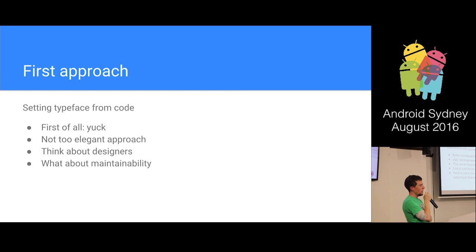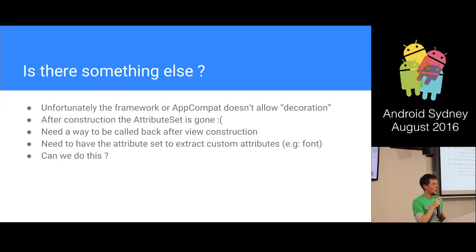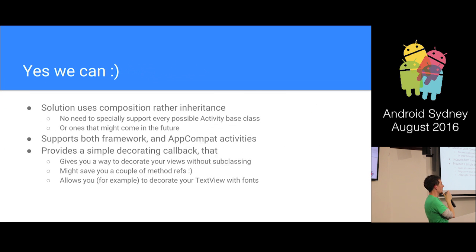So let's go forward a bit. The question is what we are going to do. Basically, we are going to create our own factory. We are going to install our own factory before AppCompat installs theirs.